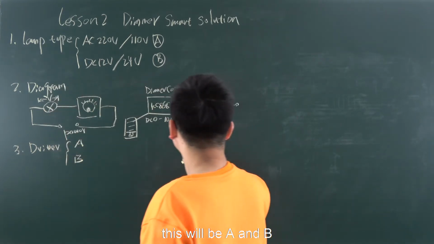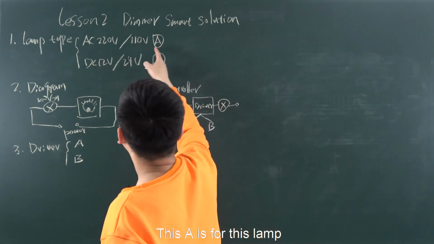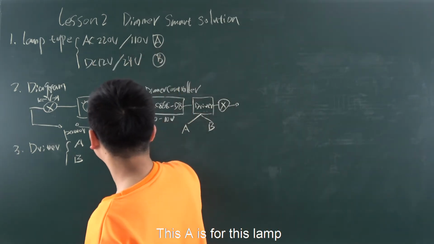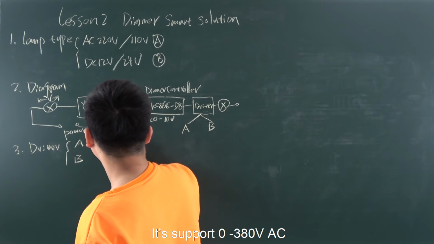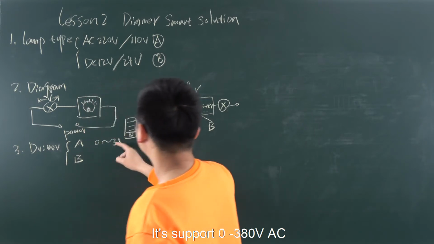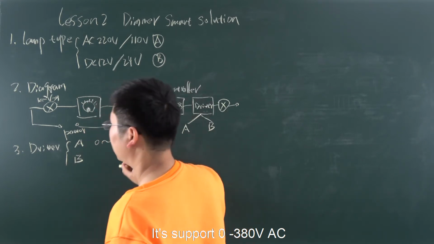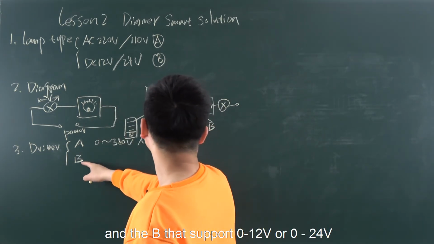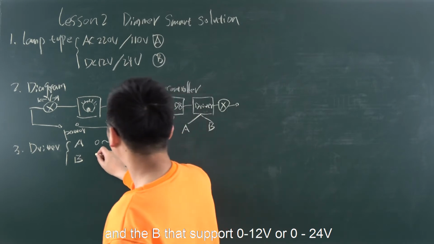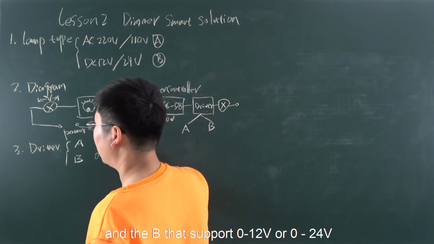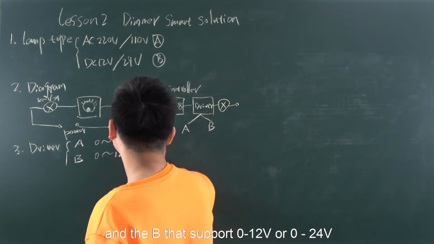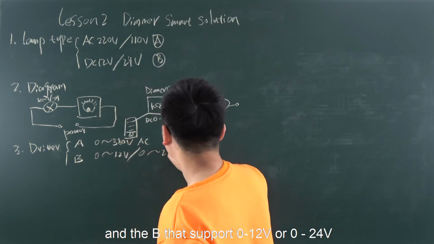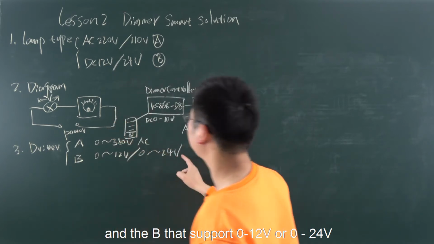This A is for this lamp, and it supports 0 to 380 voltage AC. And the B supports 0 to 12 voltage or 0 to 24 voltage.